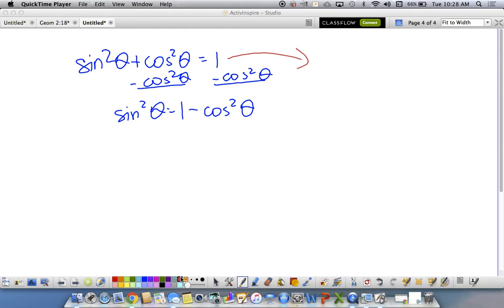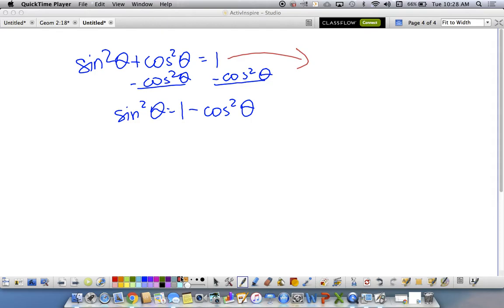Okay. So if we had sine squared theta plus cosine squared theta equals 1. Subtract 1 from both sides, now we have a 0. Does that help us get cosine squared by itself?